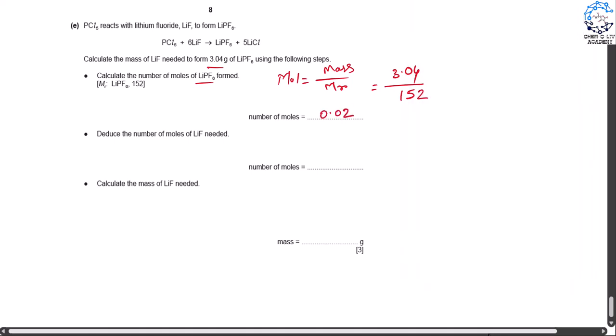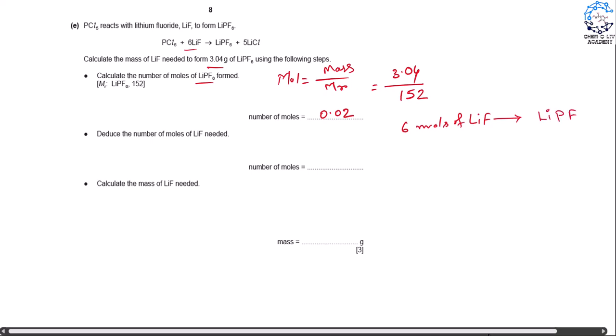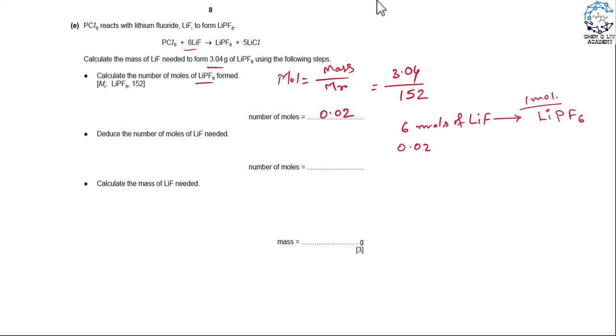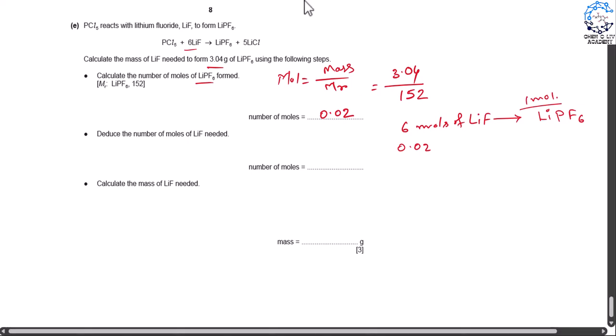0.02 mole. Okay, deduce the number of moles of lithium fluoride needed. So read the equation. From the equation, 6 moles of lithium fluoride is forming 1 mole of this complex LiPF6. Now 0.02 moles of this complex is given. So how many moles of lithium fluoride do we need?